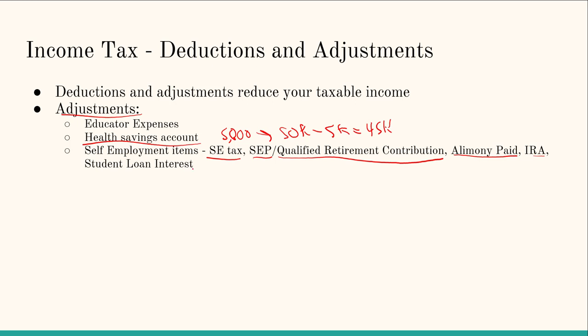And then student loan interest. So if you paid interest on a student loan, the interest that you paid is an adjustment that you can use to reduce your taxable income. IRA, I just mentioned it up here, but we'll talk about what an IRA is. An individual retirement account is what it stands for.